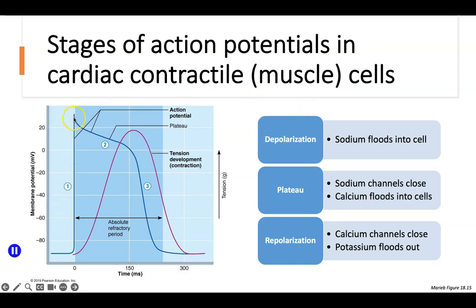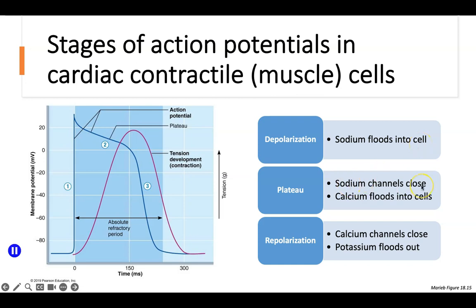That's stage 1, and this is the blue line. You can see that first stage is extremely rapid. In this case, we're looking at time in milliseconds of about, say, 250 milliseconds. But almost instantaneously, we see that depolarization. And in this case, it's caused by an influx of sodium into the cell.